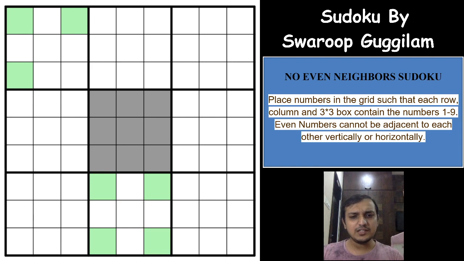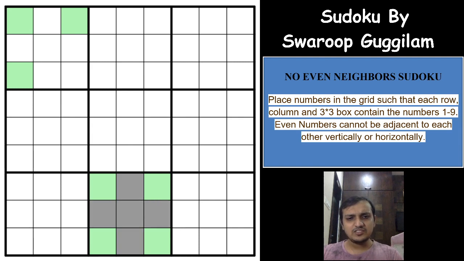When you have 4 even digits in the corners, all the other 5 cells in this box will be odd, right? And now in these 6 cells, you need to place exactly 4 even digits without even digits being adjacent to each other. Is it possible?